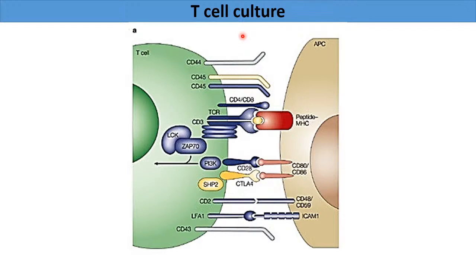So there are three essential things for me: signal from peptide MHC to my CD3 TCR, signal from CD80 and CD86 for my CD28, and for my activation and survival, signal from the IL-2 cytokine.